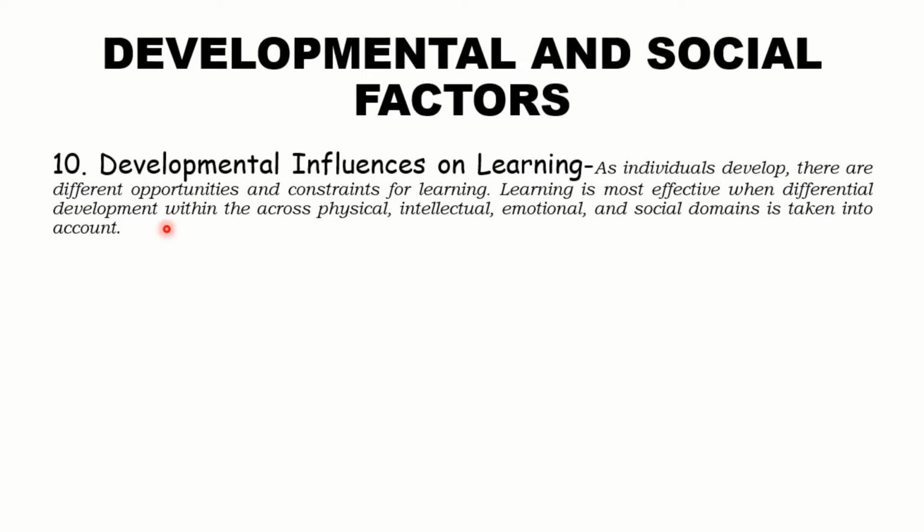Learners learn best when material is appropriate to their developmental level and is presented in an enjoyable and interesting way. Because individual development varies across intellectual, social, emotional, and physical domains, achievement in different instructional domains may also vary.